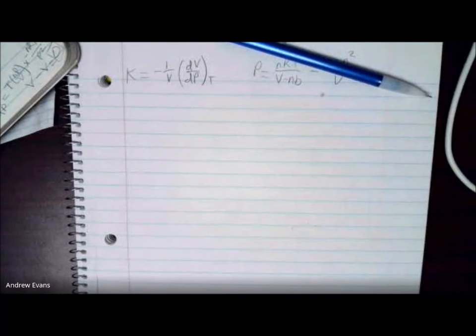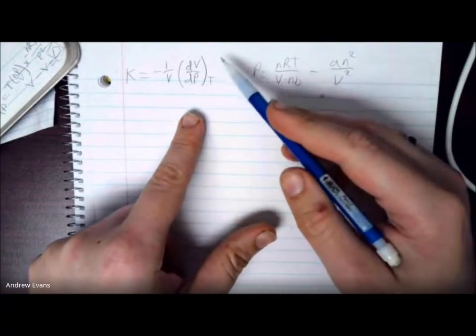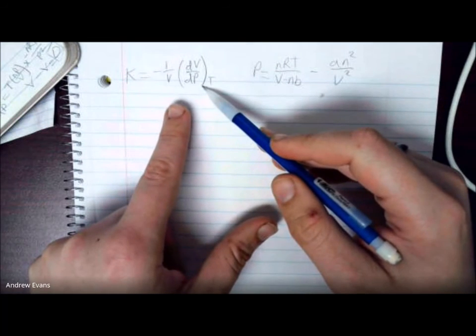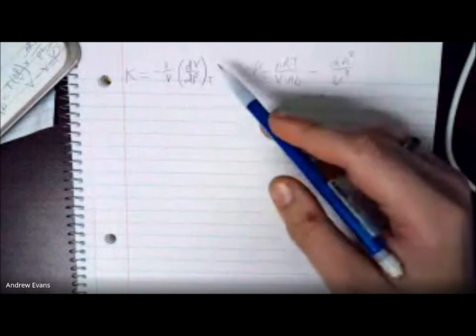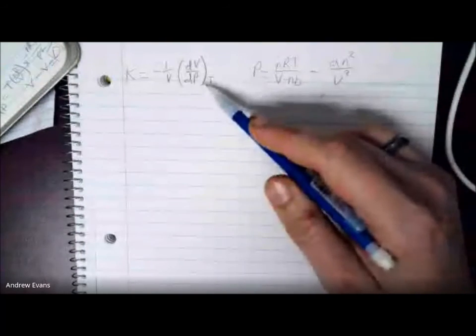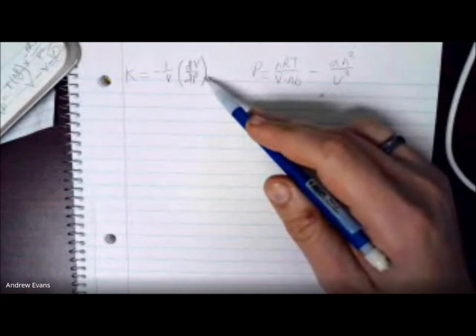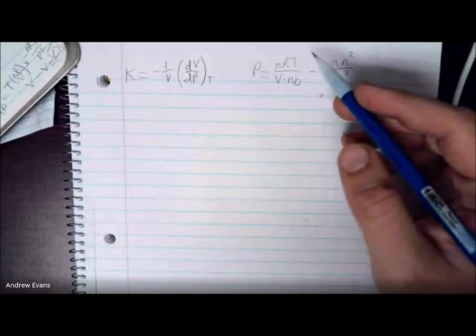Now this one is a little bit of a messy problem. Not overly hard, but a little bit messy. One of the key problems with the van der Waals gas is you can solve it in terms of pressure on the y-axis or temperature on the y-axis, but you cannot easily solve it for V on the y-axis.